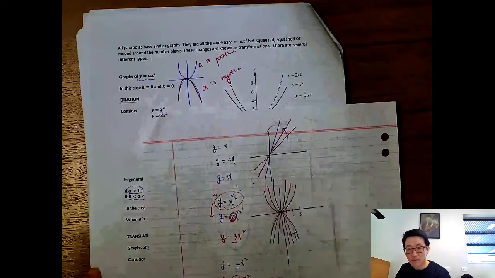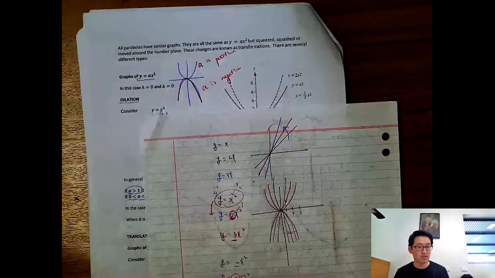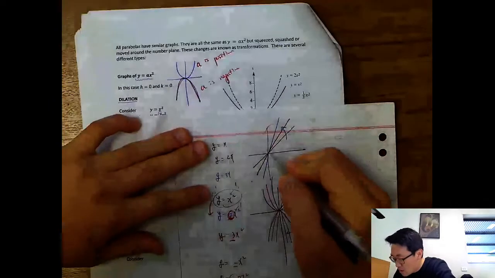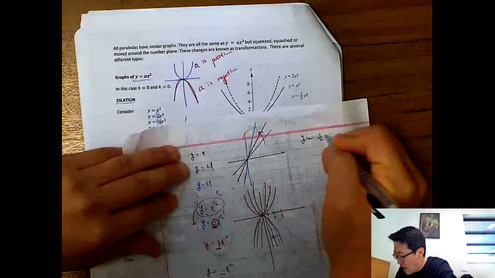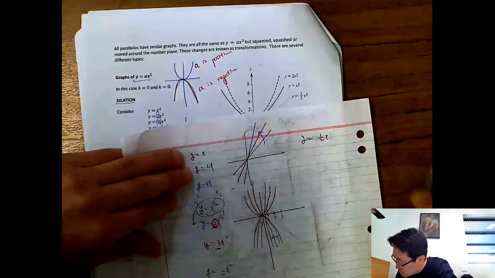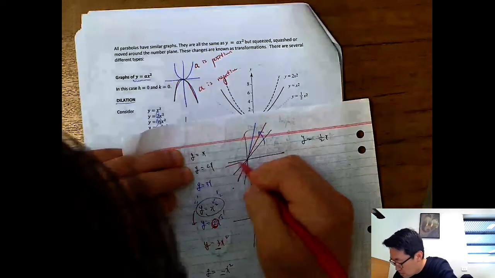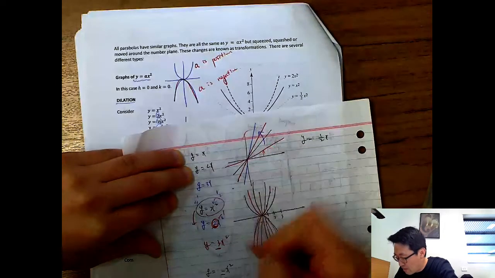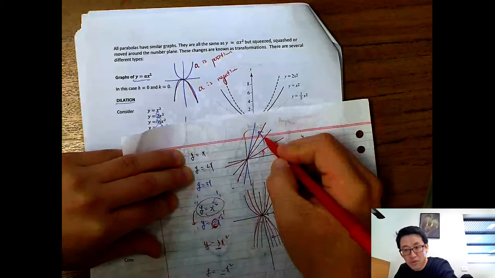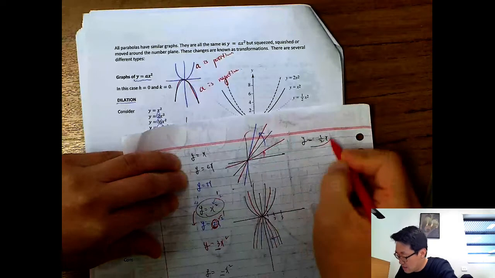same way as with linear. Think about linear since you learned it. If linear was y equals half x, it increases only half, wasn't it, compared to y equals x.